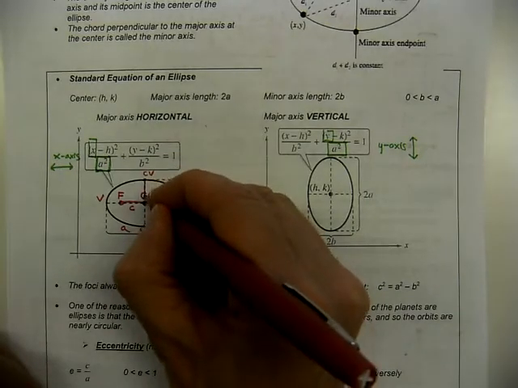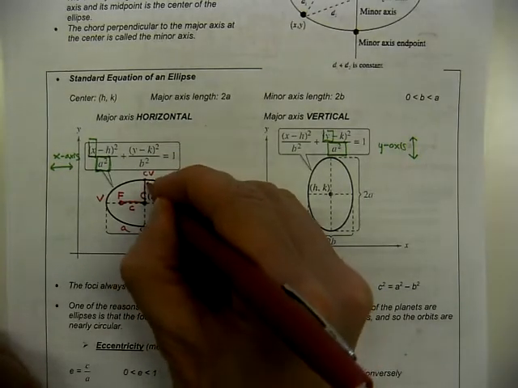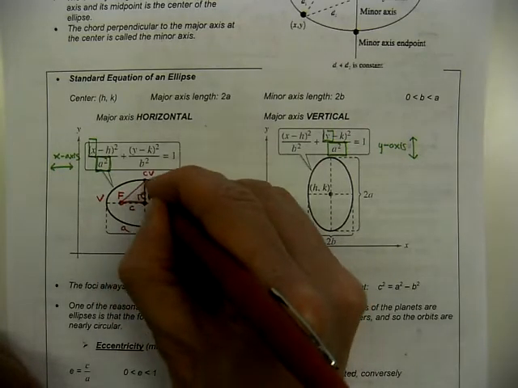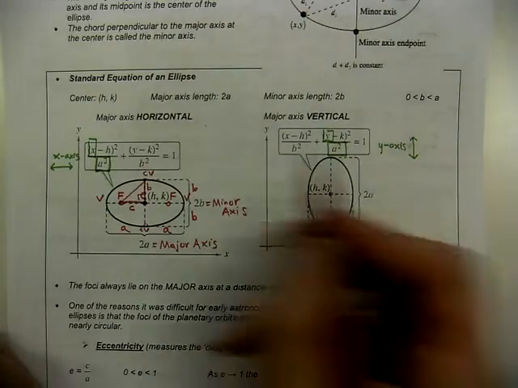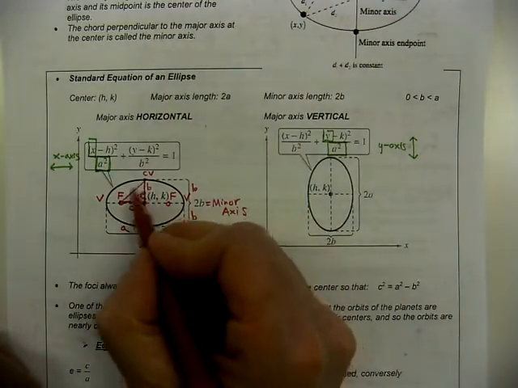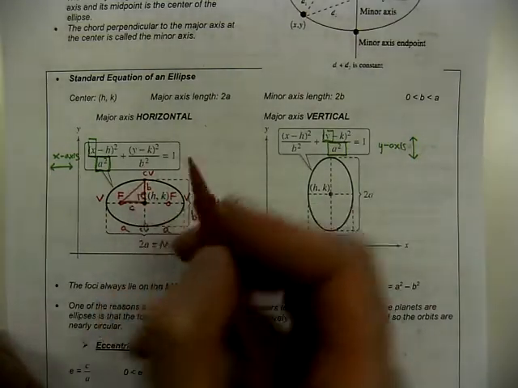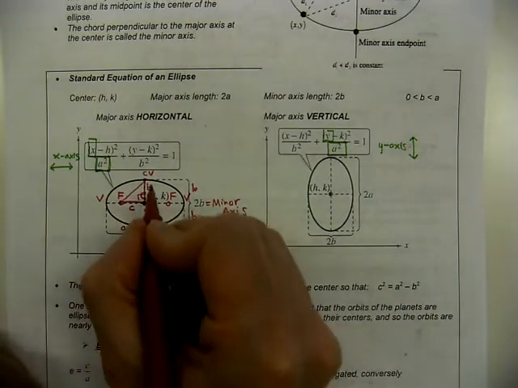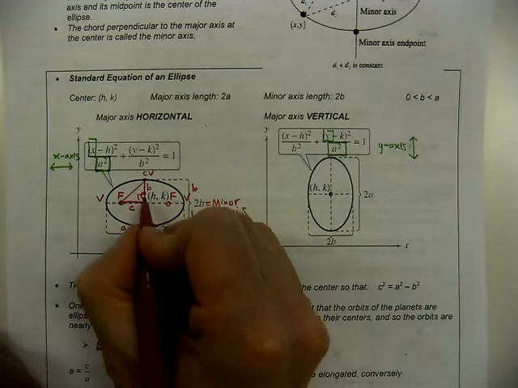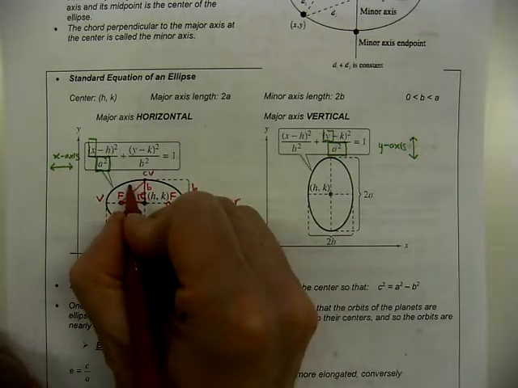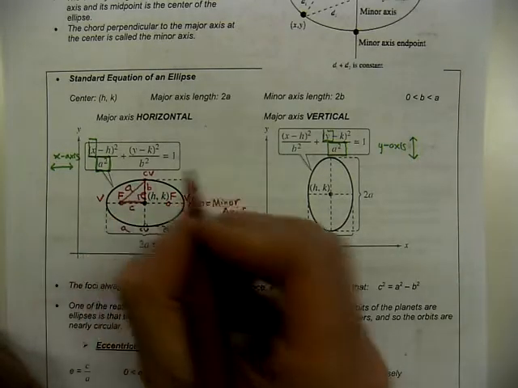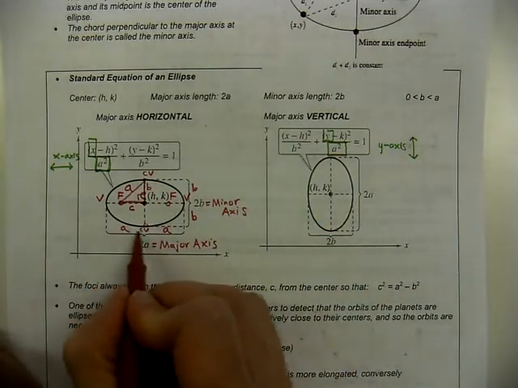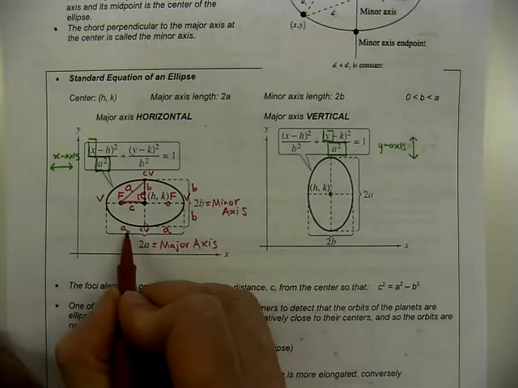And if this center to co-vertex is the b, then that means we have a base and a height, and we can create a right triangle. It just so happens that this being the hypotenuse, we cannot label it c because we already used the c to describe the base of the triangle. And we've already used the b for the height, so what's left over? The a. And it's not just a random a here. It really is the same length as the length of a that we were talking about earlier from the center to the vertex.